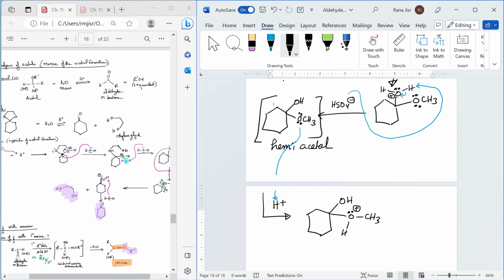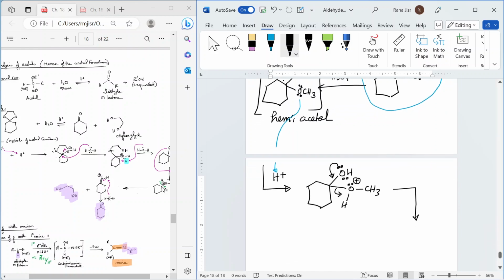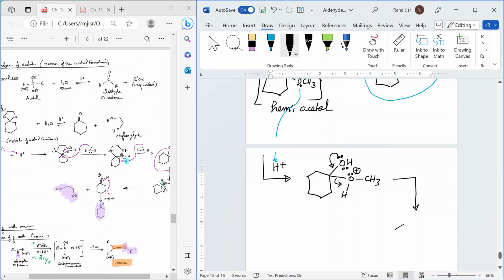Now, to kick out the OCH3, we're going to do a simple resonance. So the lone pairs are going to close over here, and we're going to kick out our OCH3, and we're going to form our double bond, OH, plus the O hydrogen and the CH3.